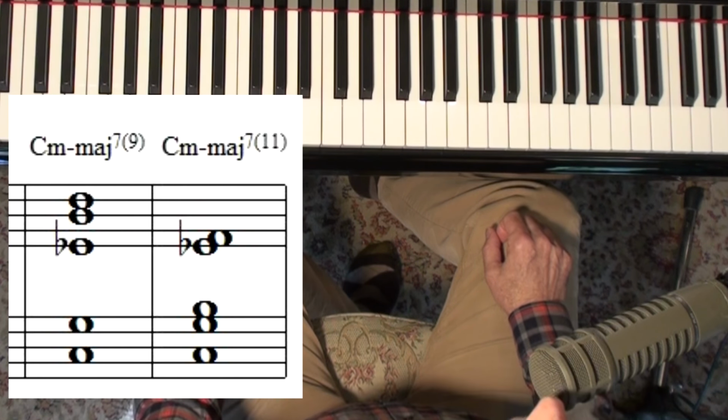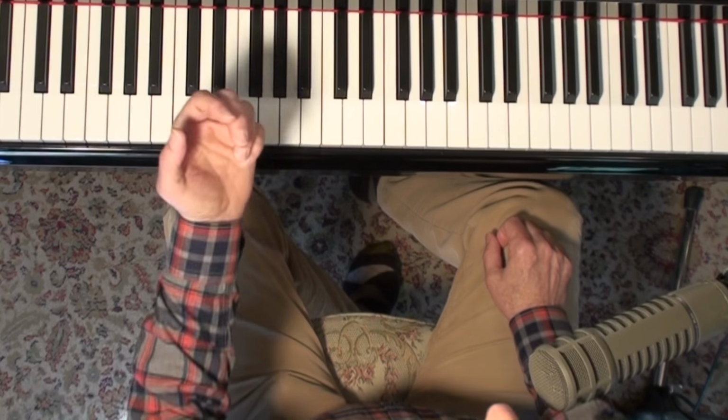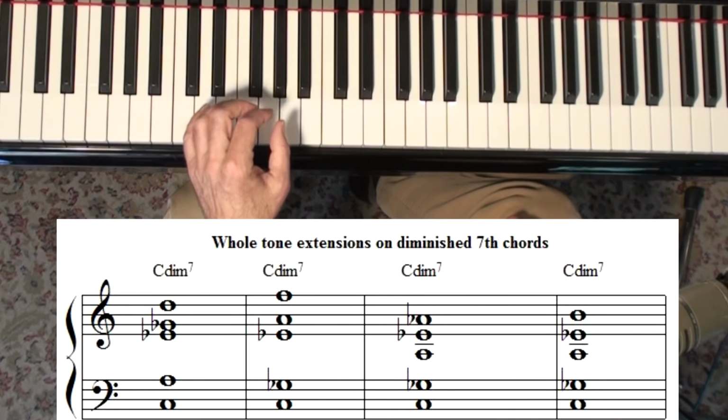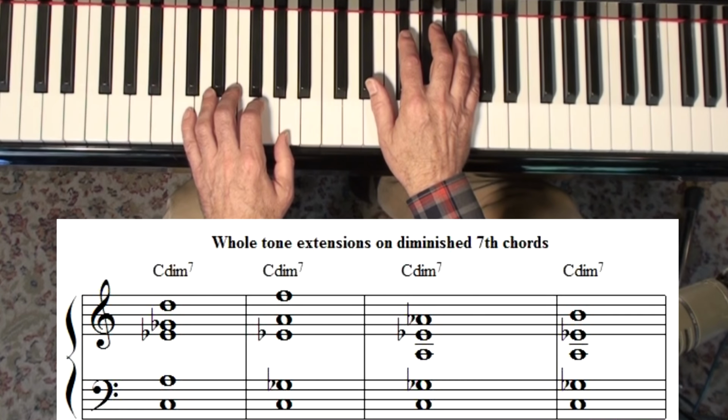All right, one of the hardest ones to deal with is the diminished chord, and for this, I'll go back to the magic formulas. Now, let's just look at a diminished chord real quickly using the magic formulas. Those are formulas you use if a chord tone is the top note.